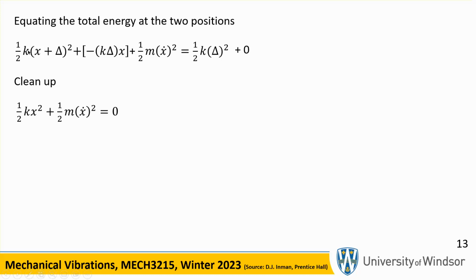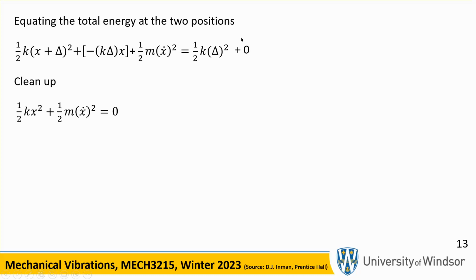They cancel from both sides. Also here you have 1/2 of k, 2x delta, which is the same as k x delta, which actually cancels this term.